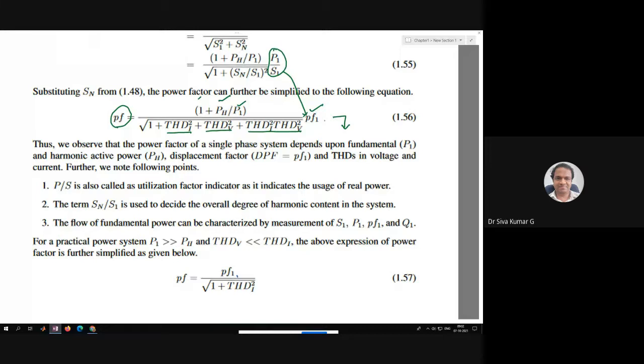Here, one thing I was mentioning in the earlier case also: the power factor is P by S, right? This is the indication of the utilization factor. What do we mean by a utilization factor indicator?